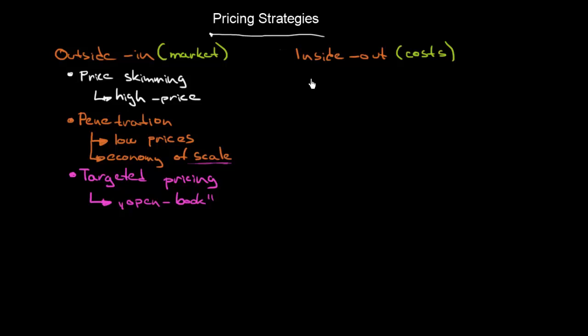Well, but let's move to inside-out oriented strategies. At first, we can have something called markup pricing or break-even, but I would like to focus on break-even because it's very simple. So you create a product and you create a company around it, and now your internal shareholders, your investors, tell you, okay, I would like to have a break-even point, or I would like to have this much of a profit next year.